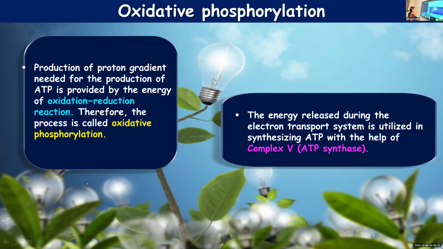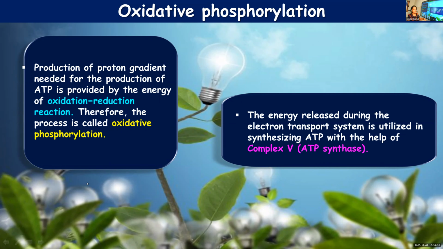Hope you are remembering substrate level phosphorylation and oxidative phosphorylation. When it is substrate level phosphorylation, inorganic phosphate is released directly from the substrate, combines with ADP and releases an ATP molecule.